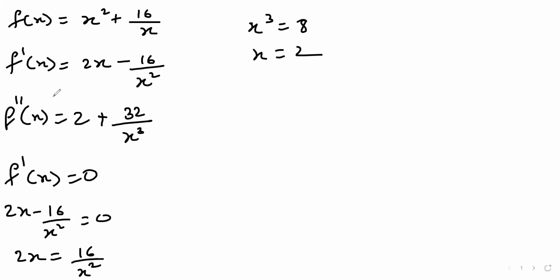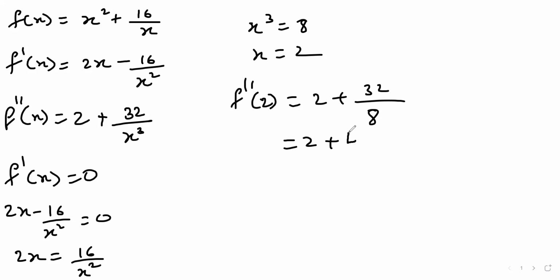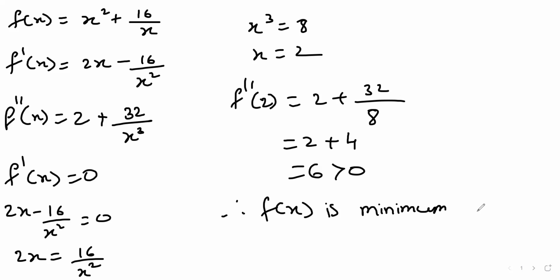Now at x equals 2, find f double dash of x. That is 2 plus 32 upon 8. So 2 plus 4, your answer is 6, which is greater than 0, and therefore f of x is minimum at x equals 2.